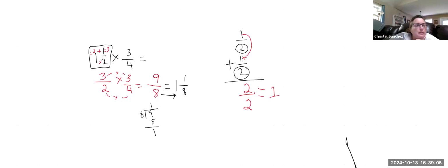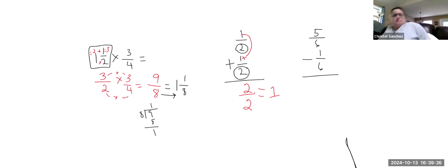All right, so let's look at another one. Let's say you had 5/6 minus 1/6. Are my denominators the same? They are, so I don't have to do anything. I can just go ahead and work my problem.